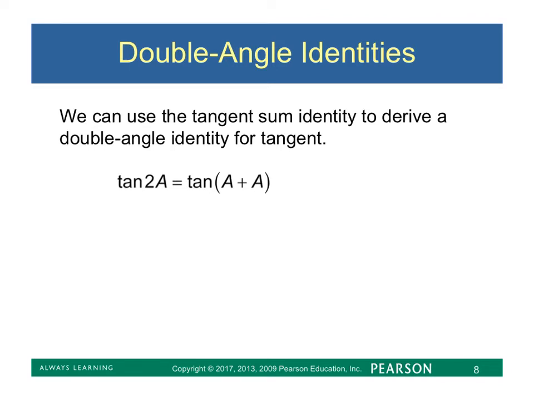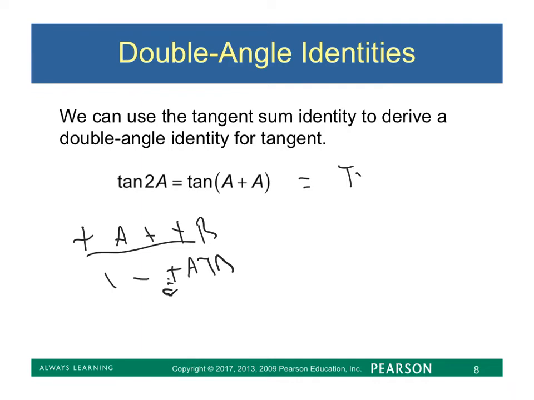Now, tangent, if you recall tangent A and B, I think it was tangent of one plus tangent of the other over 1 minus the product of tangent of A, tangent of B. That's what that was. Well, let's plug it in when A is the same.